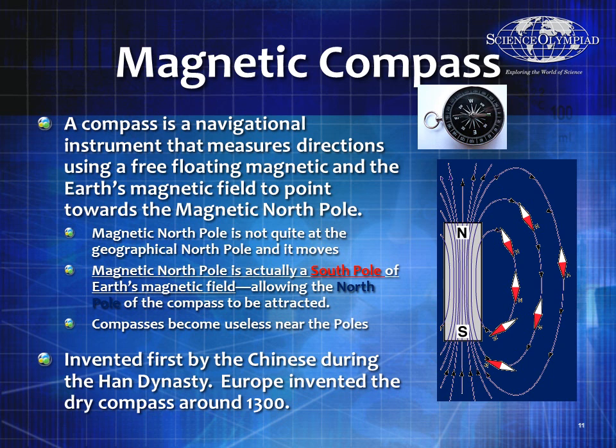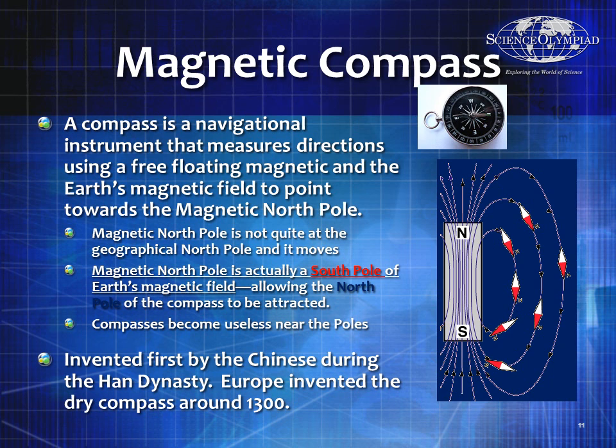So there's the physical North Pole, which is in the Arctic, usually somewhere in Canada. Generally speaking, when we break out our compass, that's what it's pointing to. However, that point it's pointing to is actually a magnetic South Pole.